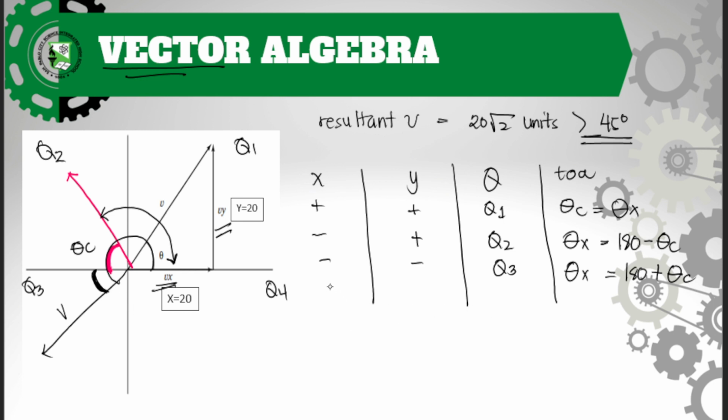Kapag naman positive ang x-axis mo, negative ang y-axis mo, and nasa Q4 ka, para makalculate mo yung reference to x-axis, i-minus mo sa 360. Nasa quadrant 4 na nga pala tayo. So, 360 minus calculated theta.